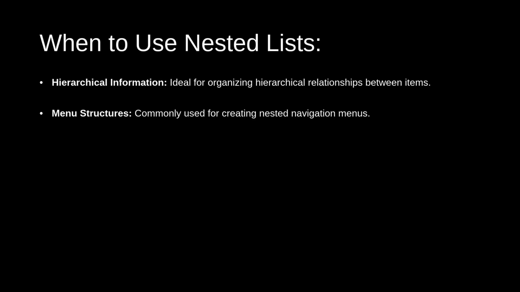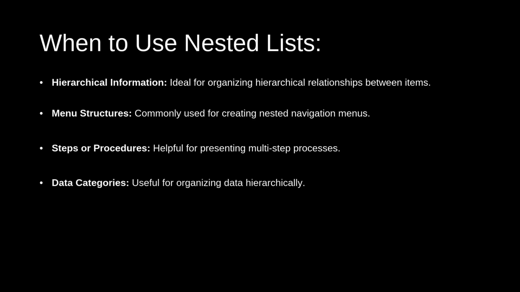This allows for a clear and organized navigation structure. Steps or procedures. If you need to present steps or procedures that involve sub-steps or subtasks, nested lists can help break down the process into manageable chunks. Data categories. When presenting data with multiple levels of categorization, nested lists can help organize the data hierarchy.